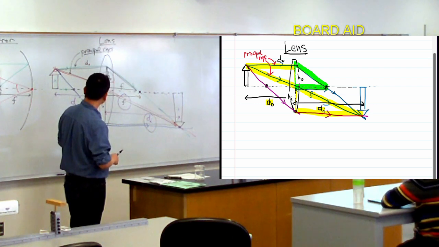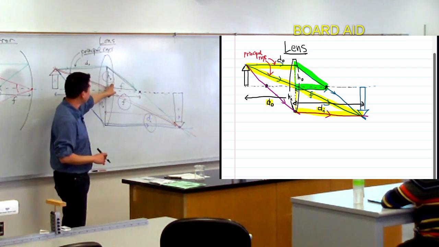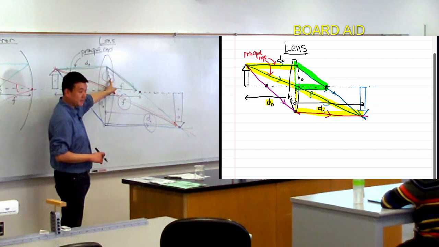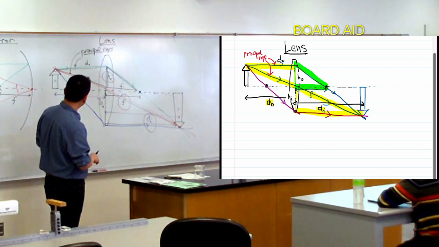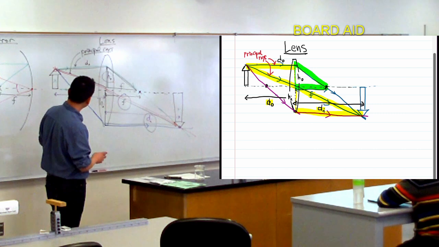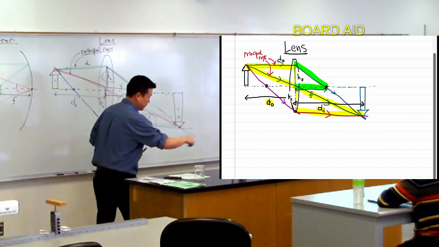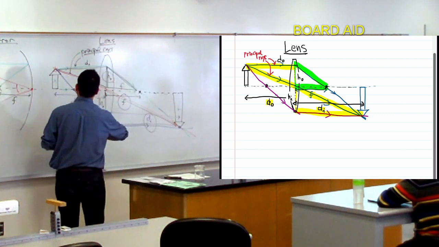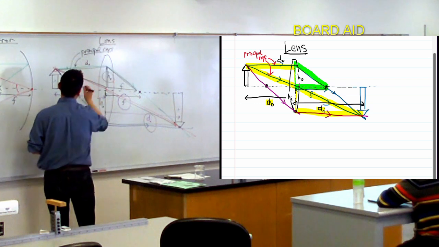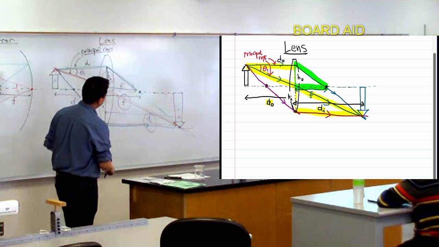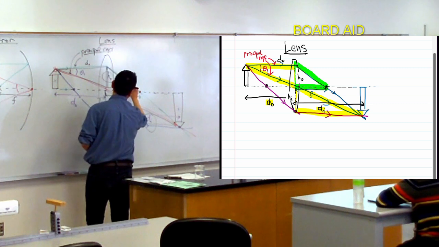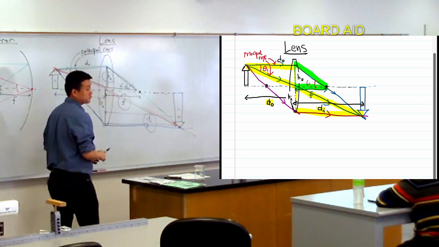So these two triangles share this one side. So that lets me say this. I guess I need to start labeling some angles. I have this angle, let me label it theta 1, and I have this angle, let me label it theta 2.